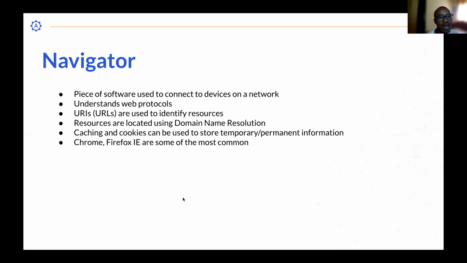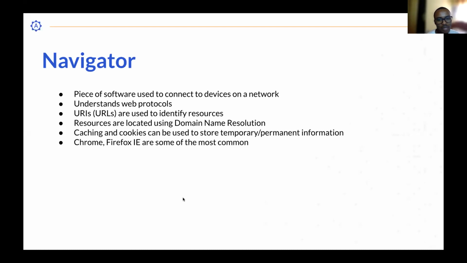And now we even have IP version 6, which uses even more octets, so it would be even harder for us to do that. So to make things easier, we just memorize the actual names, for example youtube.com, and the browser will figure out the associated IP address so that it can locate the resources we're looking for.